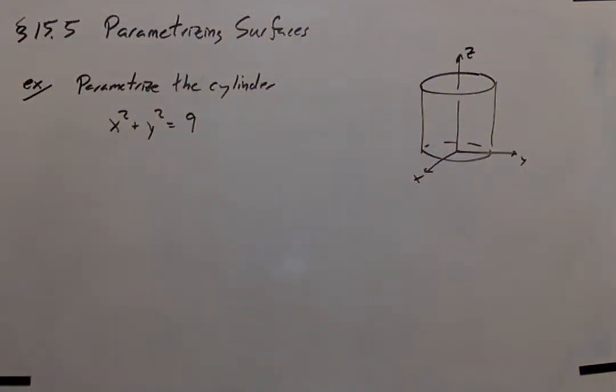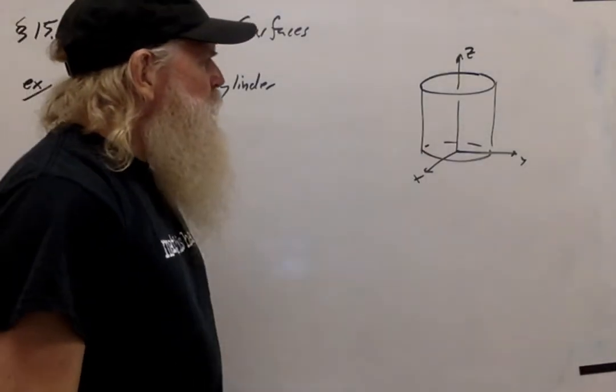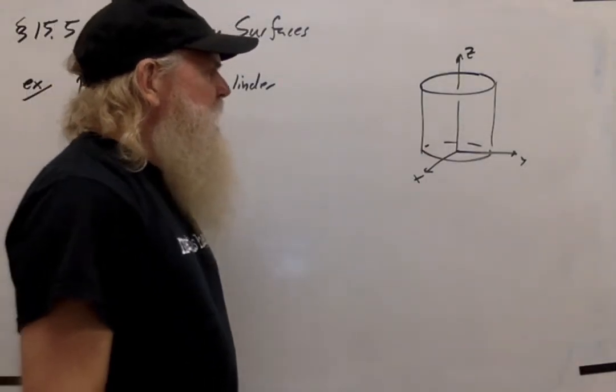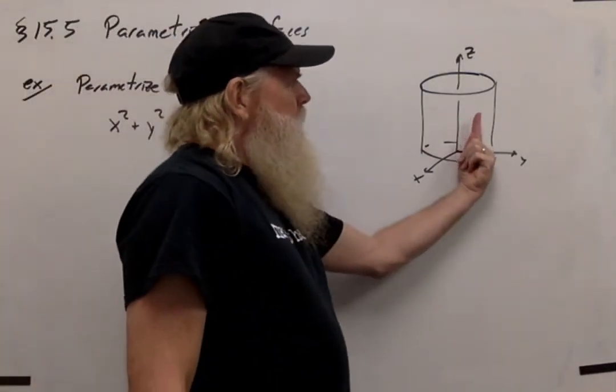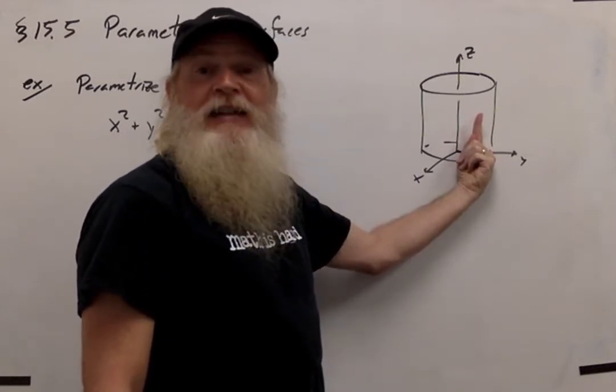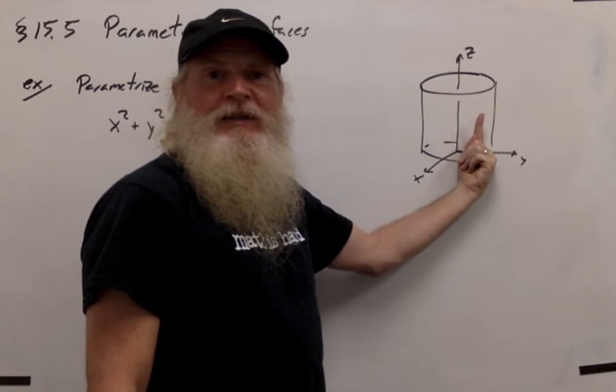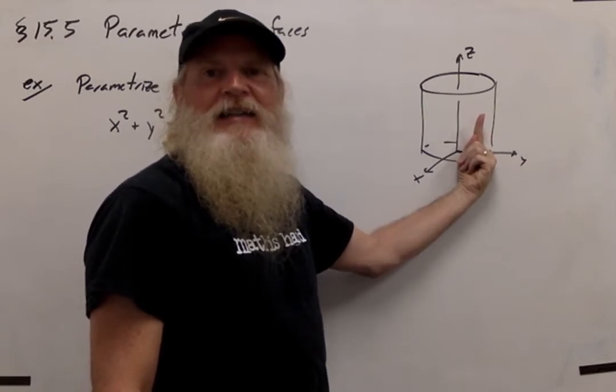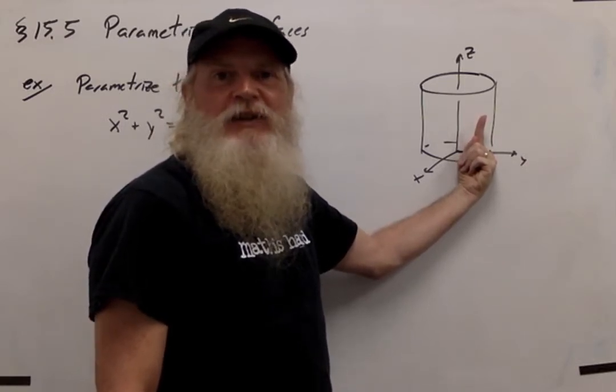Well, here's the problem. This is certainly not a graph over the xy plane, because if I draw a vertical line in the cylinder, it actually passes through infinitely many points. So it definitely fails the vertical line test. It's impossible to write z as a function of x and y.